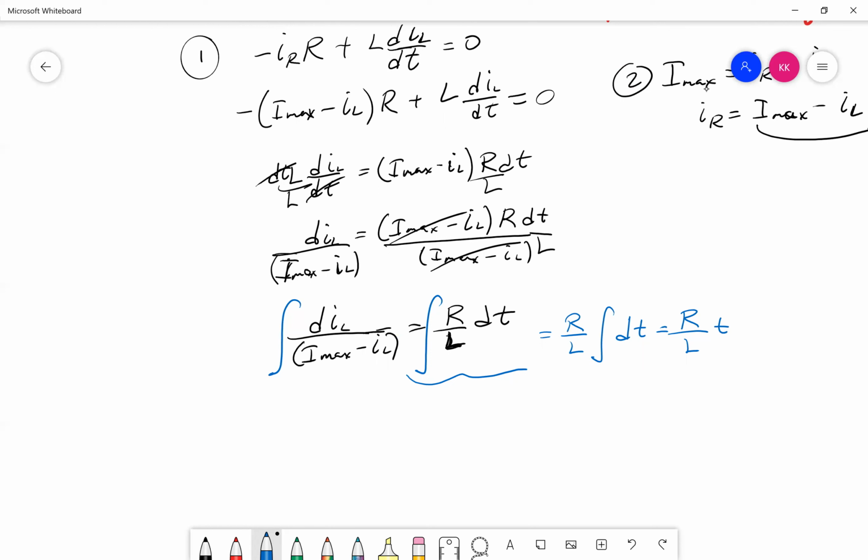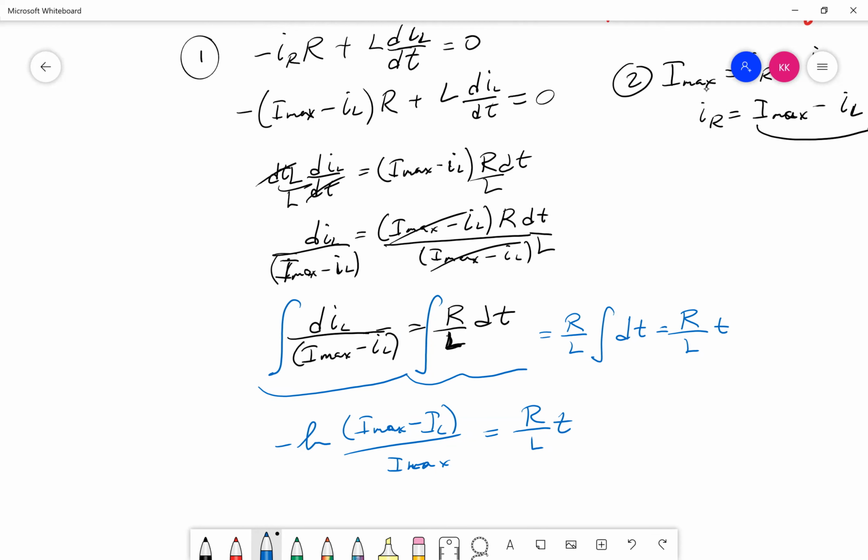Now, the left side is going to give me negative ln of (I max minus IL) divided by Imax. This is the left side, and it equals R over L times t on the right side.